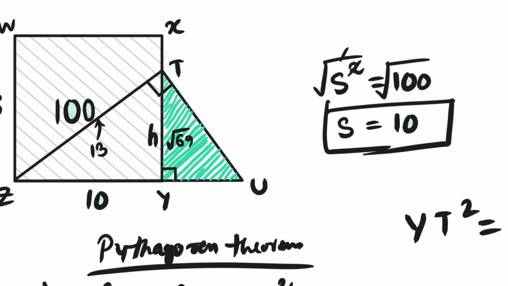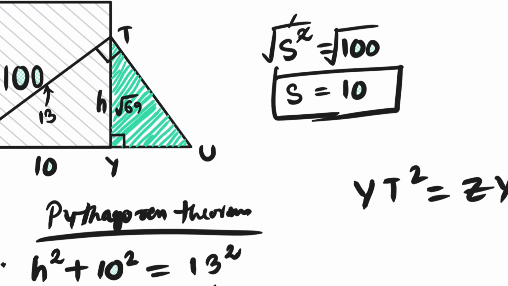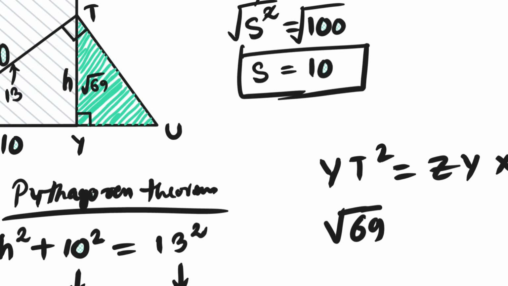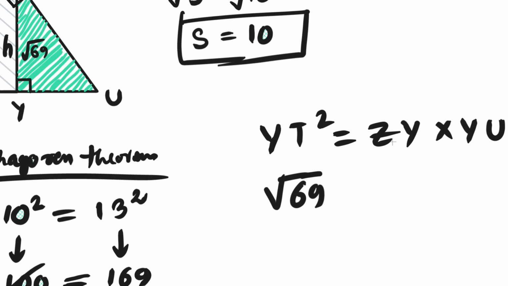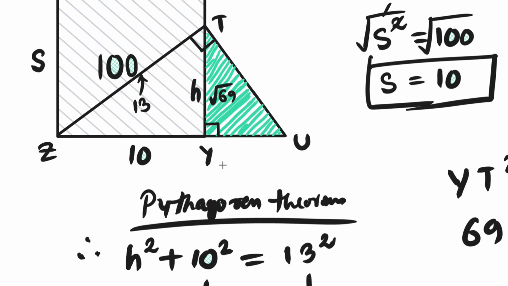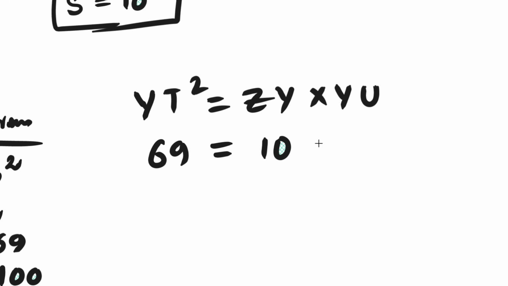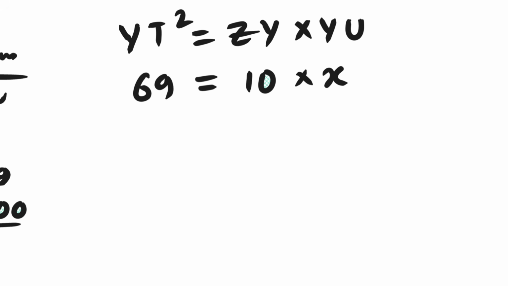So, we can write YT squared equals ZY multiplied by YU. Now, let's substitute the values we already know. We found that YT equals square root of 69, so YT squared is simply 69. We also know that ZY equals 10. Let's call the unknown length YU x. Therefore, our equation becomes 69 equals 10 multiplied by x.